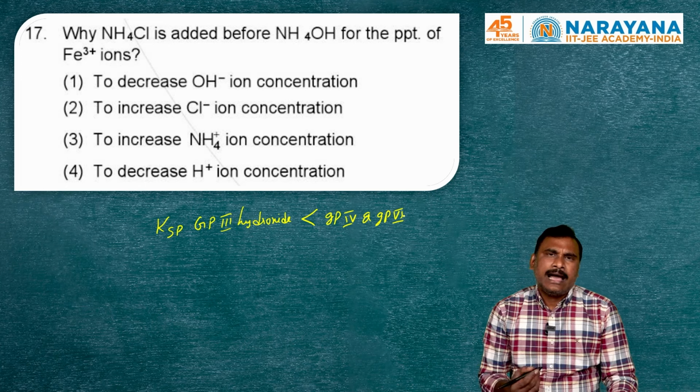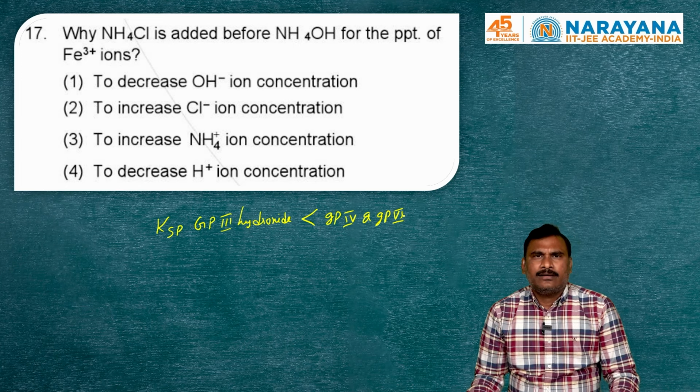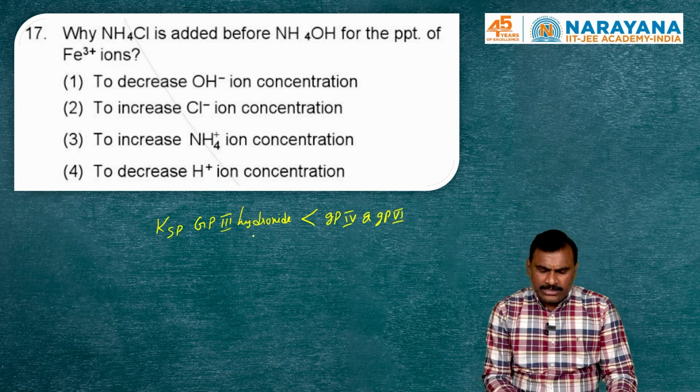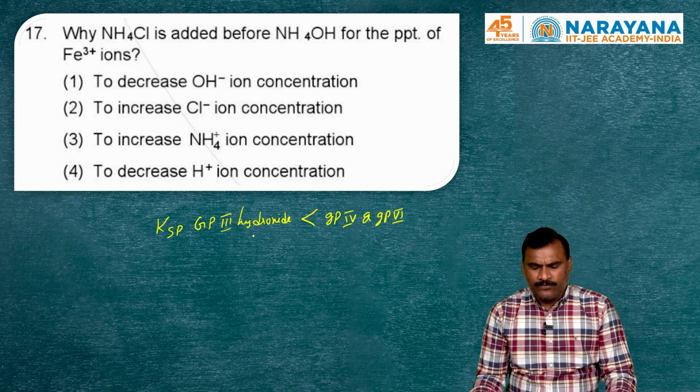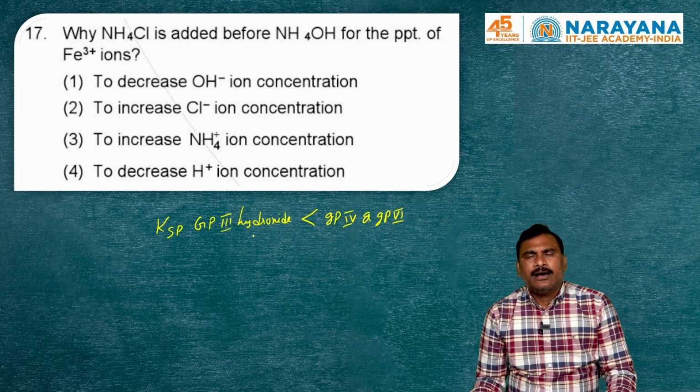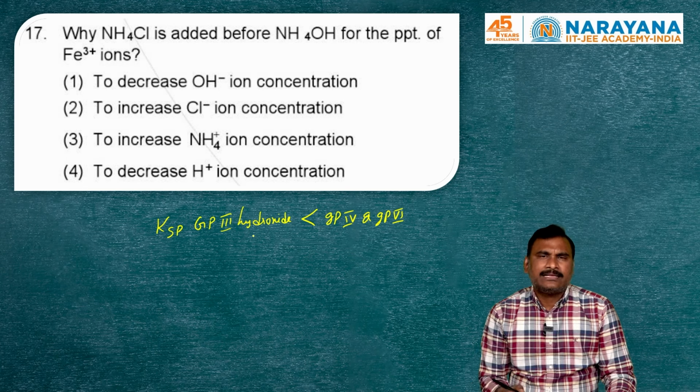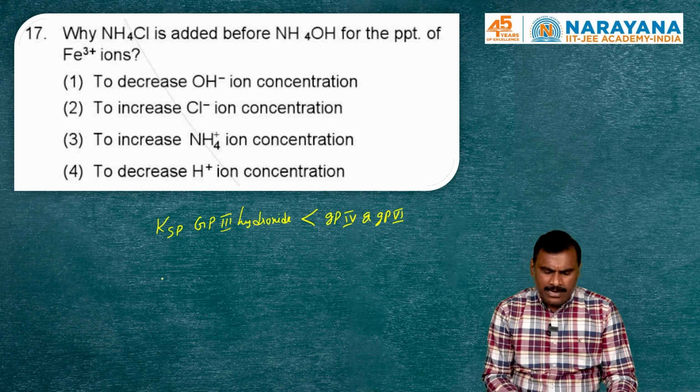If I use a high concentration of hydroxide, then instead of group 3 hydroxide, group 4 and group 6 hydroxides will precipitate rather than group 3. So to maintain a low concentration of hydroxide ion, we are using ammonium chloride.